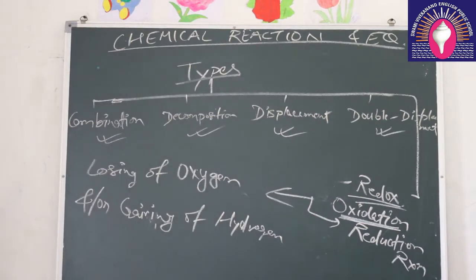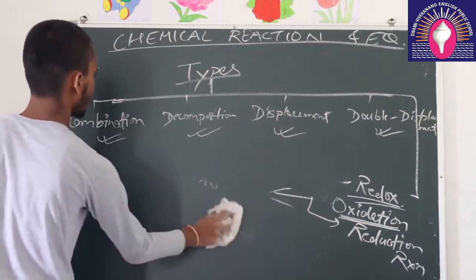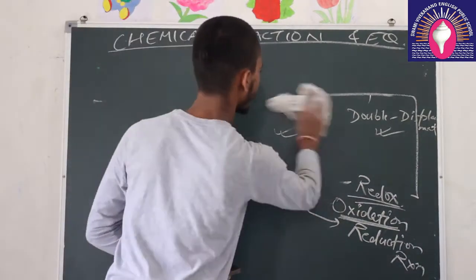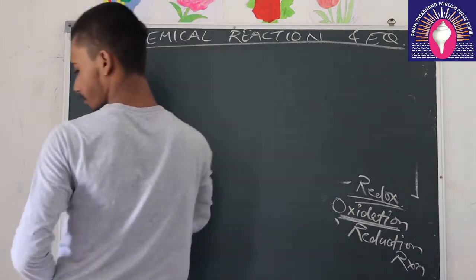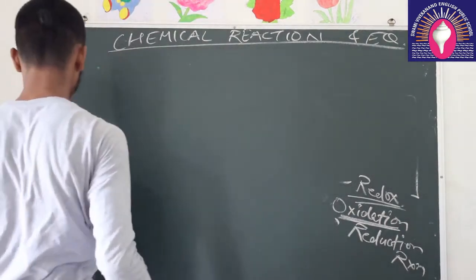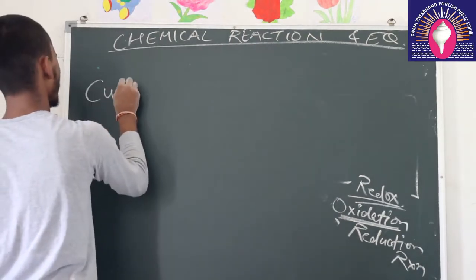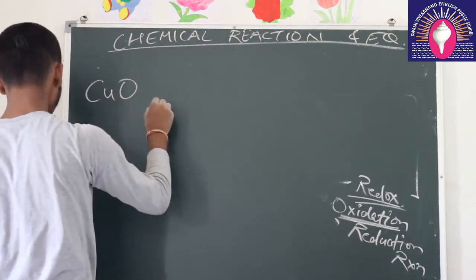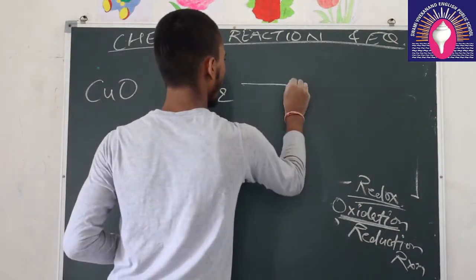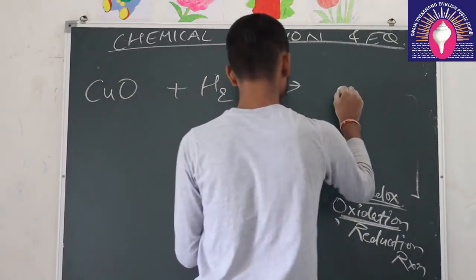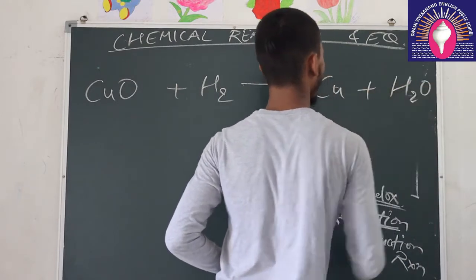Taking an example of redox reaction. Copper oxide plus hydrogen gives copper plus water.